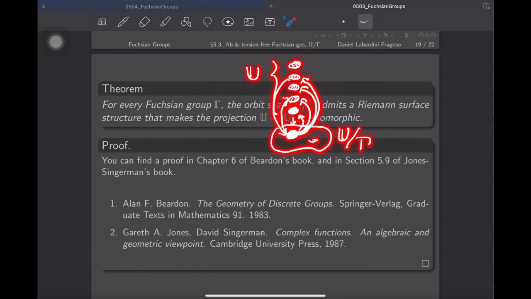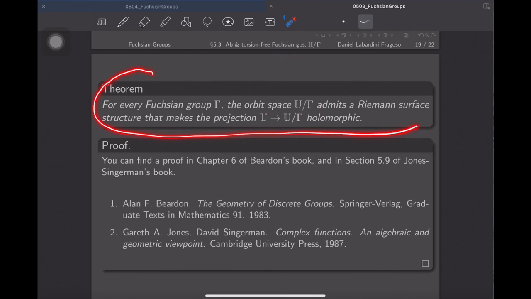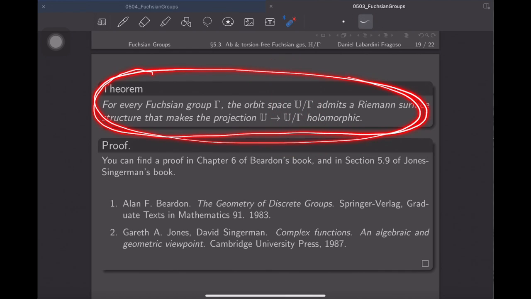And the elements of gamma are Mobius transformations, which are biholomorphisms of U. So for gamma torsion free, this theorem is really not so hard to prove.